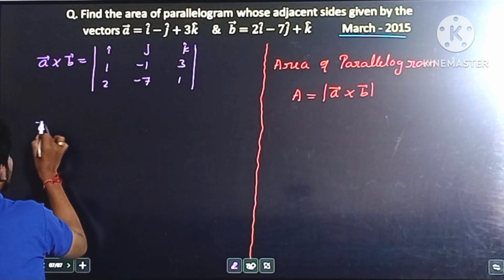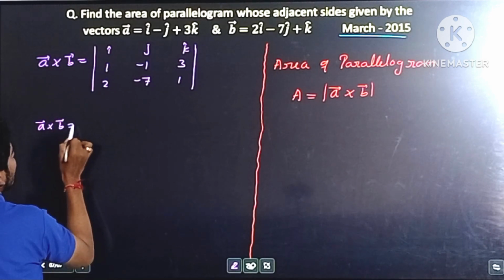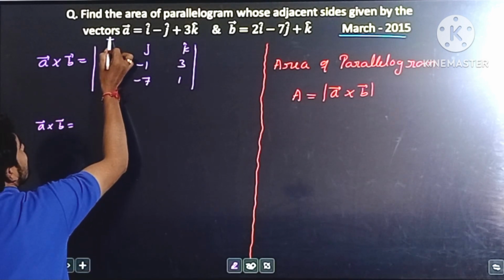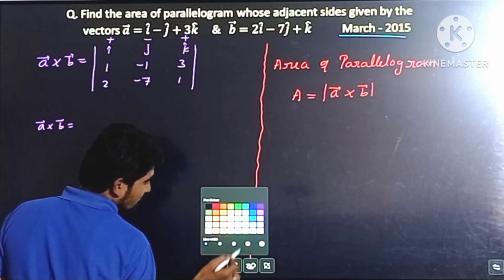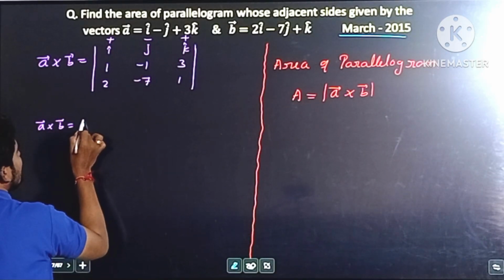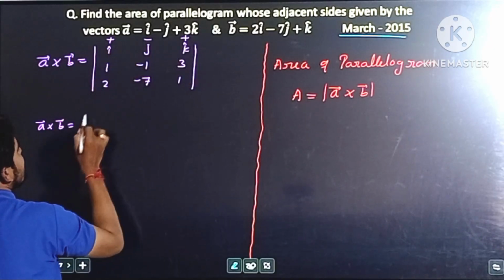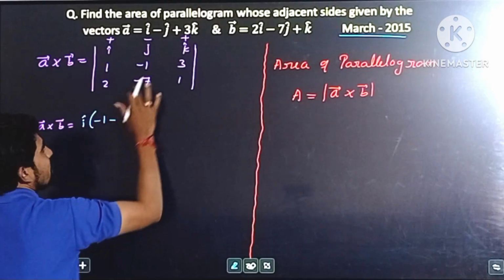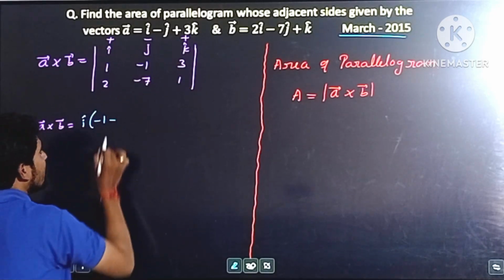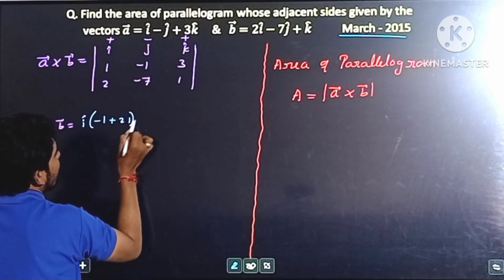Therefore A vector cross B vector equals, you already know the method of solving a determinant, plus minus plus. So i into, deleting first row first column, minus 1 into 1 minus minus 7 into 3, minus 21, minus into minus plus 21.